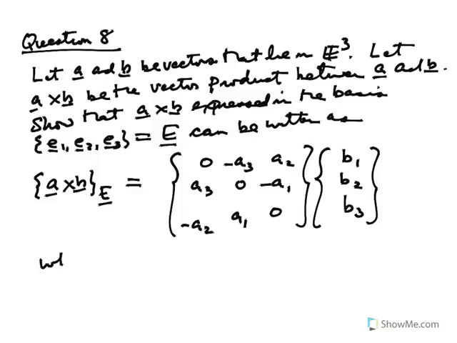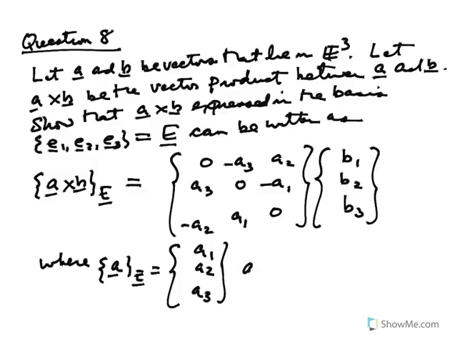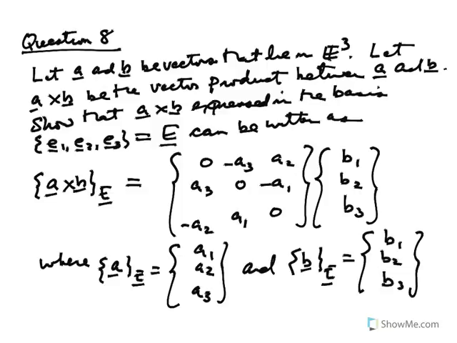Where we said that A expressed in E is equal to A1, A2, A3, and B expressed in E is equal to B1, B2, B3. So here's the solution.